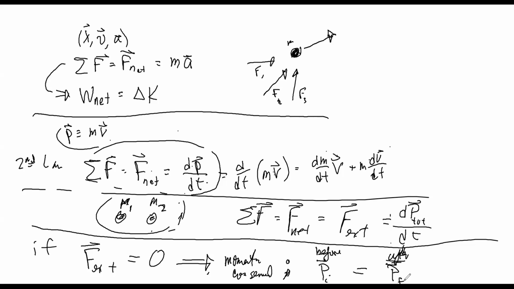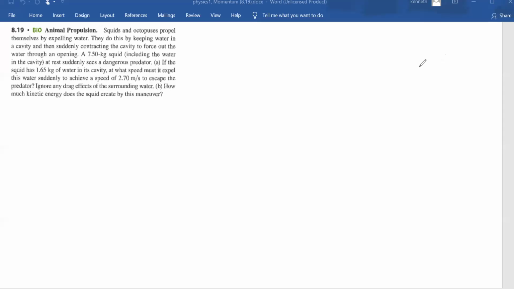Let's look at this problem. I think it's number 8.19 from the text. Squids and octopuses propel themselves by expelling water. They do this by keeping water in a cavity, then suddenly contracting the cavity to force out the water through an opening.